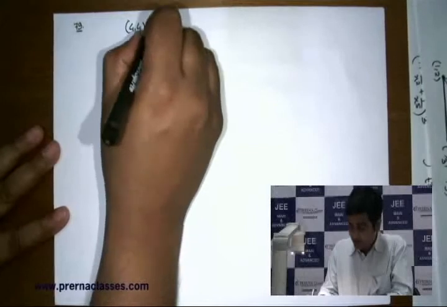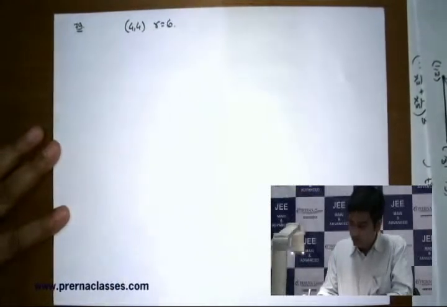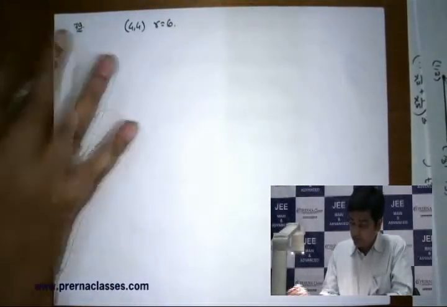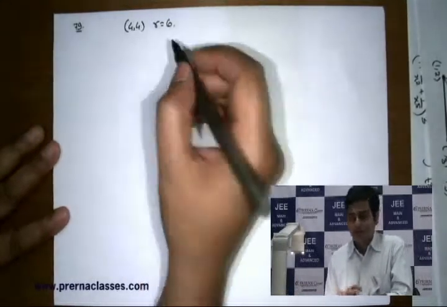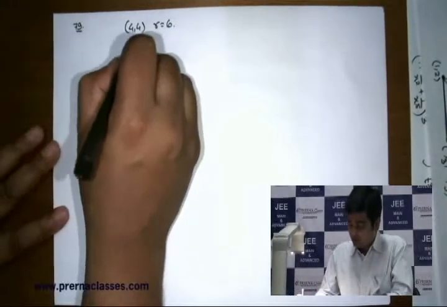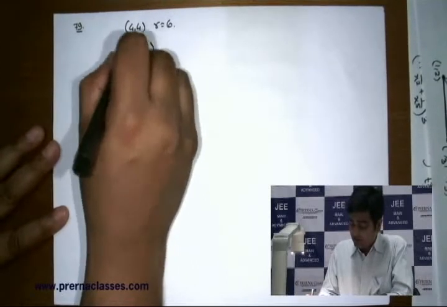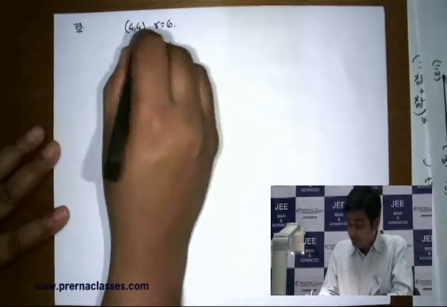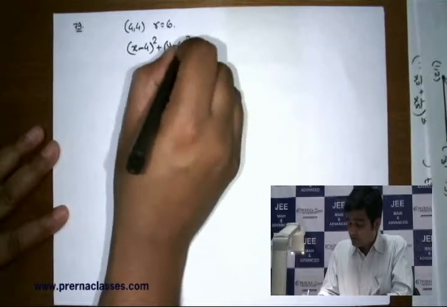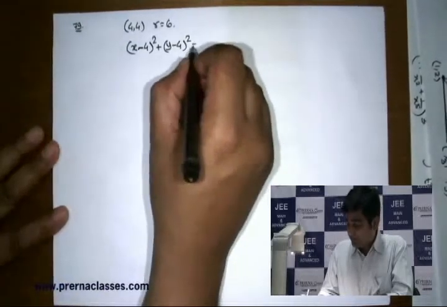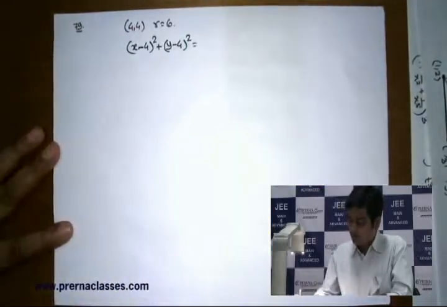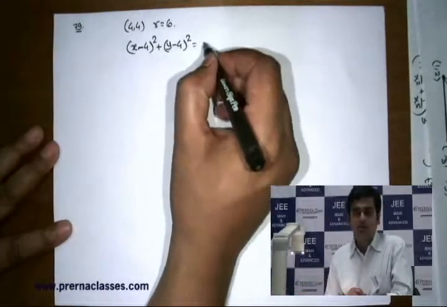Okay, next problem is related with circles. One circle is given to you, center is at (4, 4) and radius is equal to 6, and it's being told that one circle touches this circle externally, and you're looking at the locus of its center. If I take that center as (x, y), clearly then you can check its distance from the other circle center should be equal to r1 plus r2.